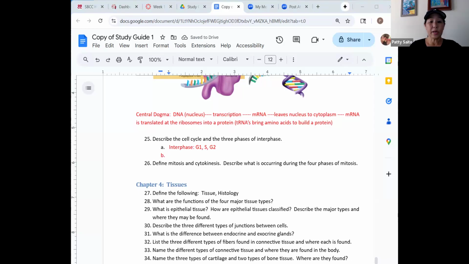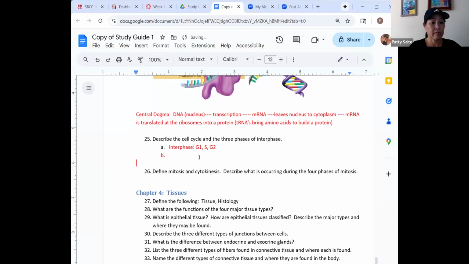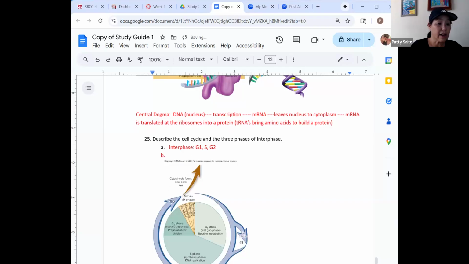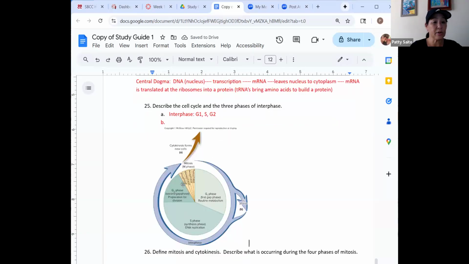Then I'm going to put the cell cycle in. Okay. All right, so here it is, G1, S, G2. They did it a little differently. These are the 4 phases of mitosis, and then they just say cytokinesis occurs. All right. So what does this look like?